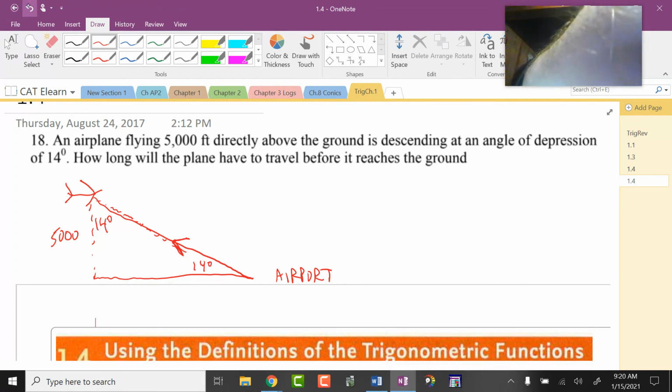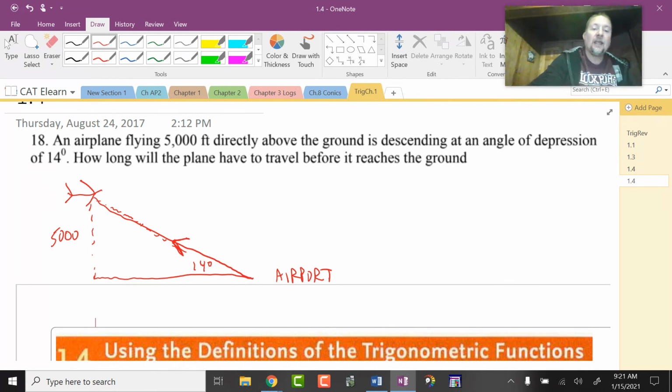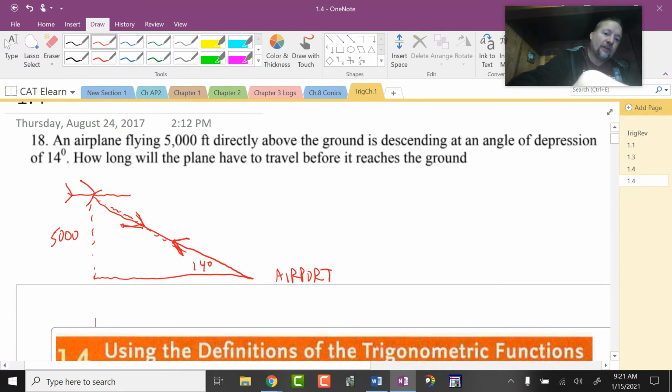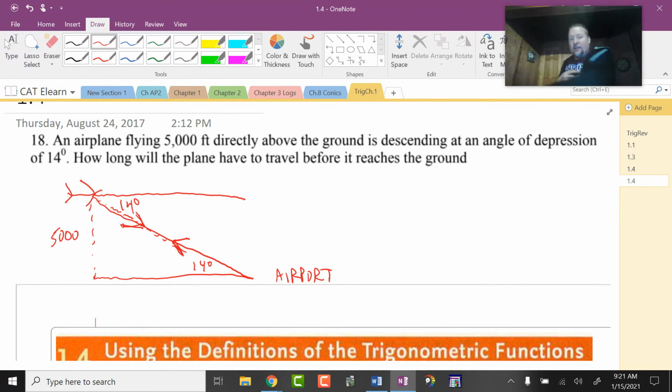So I'm going to go back, and then piggyback off of how it's equal to the angle of elevation looking up. Here's the angle of depression looking down. You need to draw this horizontal, and then there's the tie-in. These are alternate interior angles. So the angle of elevation looking up is equal to the angle of depression looking down.